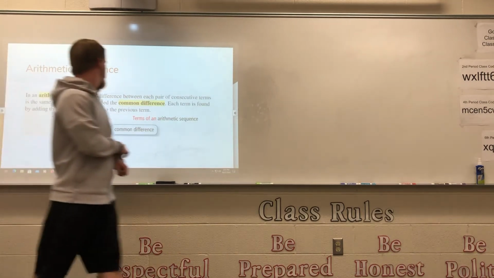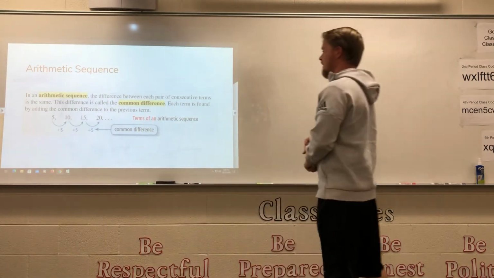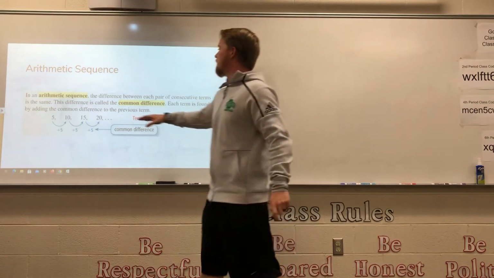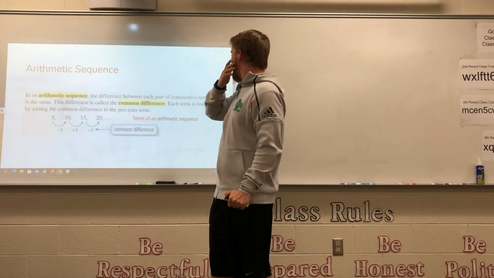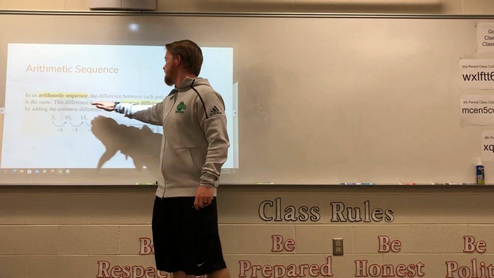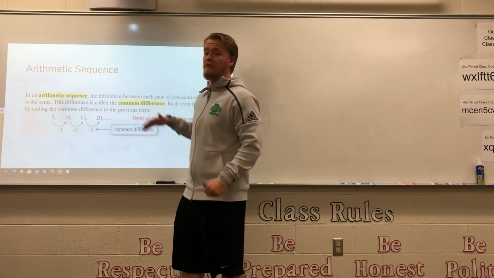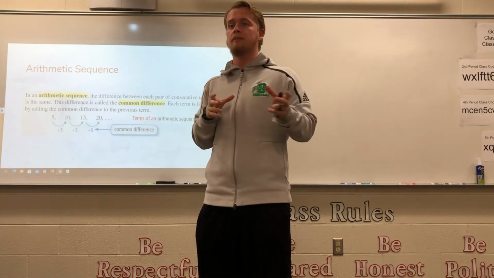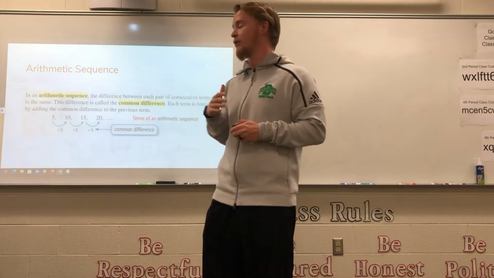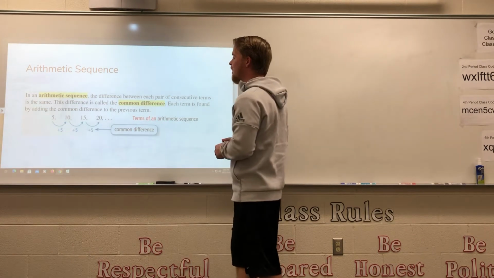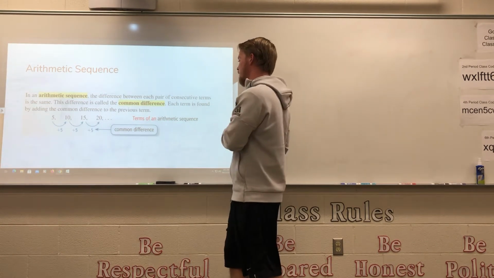Arithmetic sequence. Again, this is more just touching on what we've talked about. The difference between each pair of consecutive terms is the same. This difference is called the common difference. Whether it's increasing or decreasing, it's called the common difference. Each term is found by adding the common difference to the previous term.